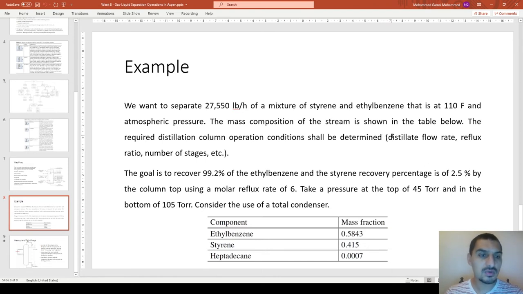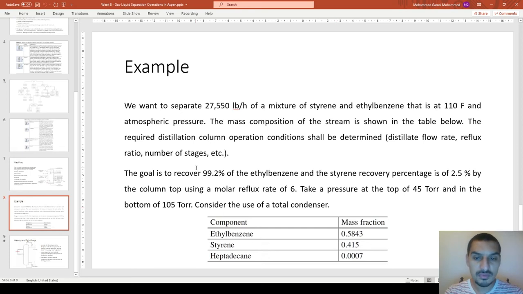And we need to know the distillate flow rate, the reflux ratio, the number of stages, so you get the basic information or the basic design considerations that we need to achieve a recovery of 99.2% of the ethyl benzene and styrene recovery of 2.5%. And we know that the reflux ratio is 6, and that the pressure at the top is 45 torr and at the bottom is 105 torr, and we are going to use the total condenser.